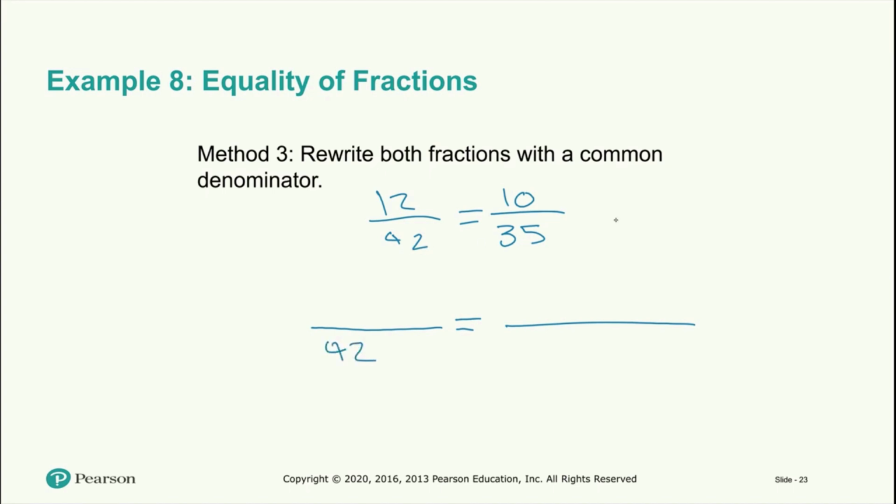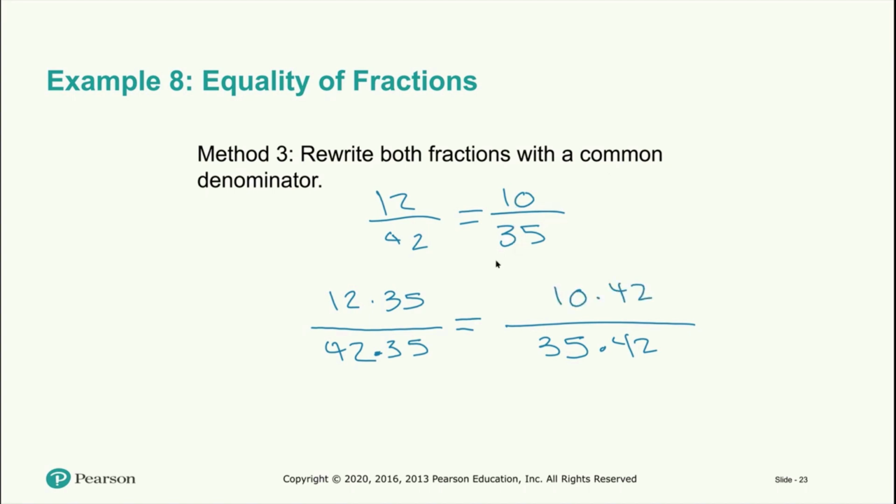So I'm going to take 42, multiply it by 35, and I'll take the 35 here and also multiply it by 42. So in the first fraction, the denominator is being multiplied by 35, so we're going to do the same to the numerator to keep the fractions the same. And for this denominator, it was multiplied by 42, so the numerator also needs to be multiplied by 42.